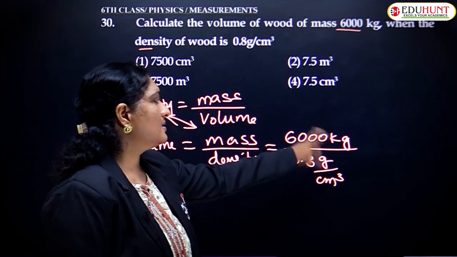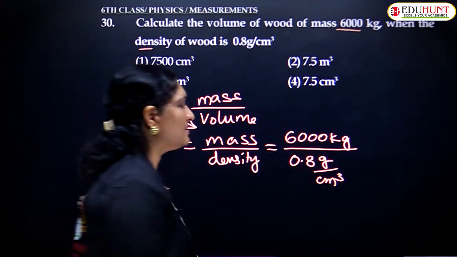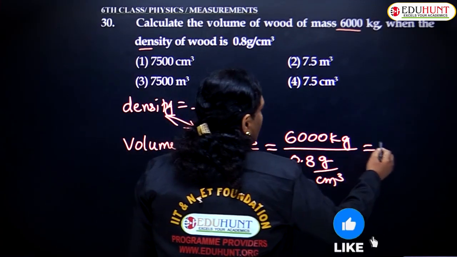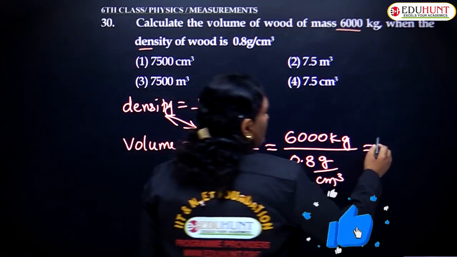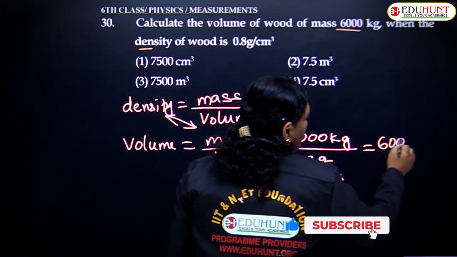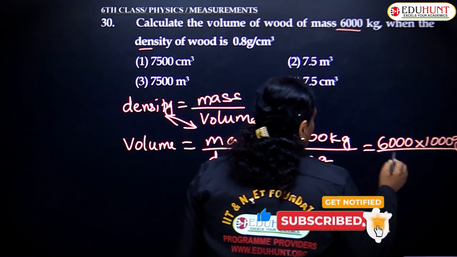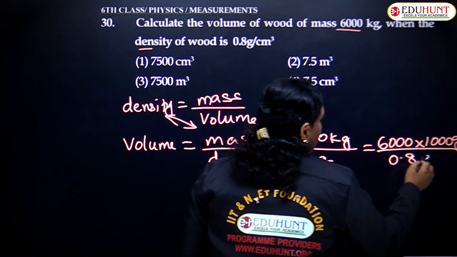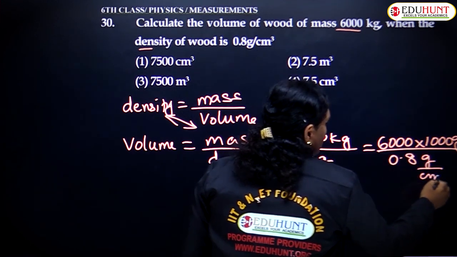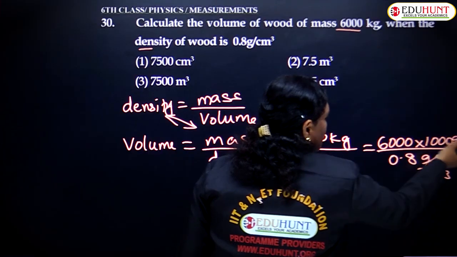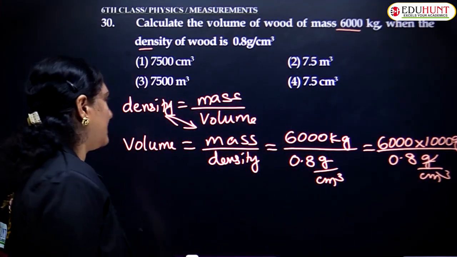I'll convert this. 6000 kgs into grams means you will be doing 6000 into 1000 grams upon 0.8 gram per centimeter cube. Gram cancels, centimeter cube will go to the upper side.